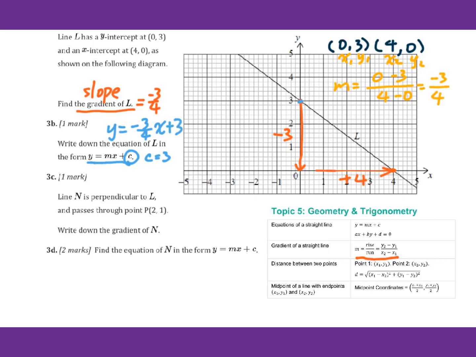Let's go to 3c. Line N is perpendicular to L and passes through the point 2, 1. Write down the gradient of N. Perpendicular means do the opposite and reciprocal.